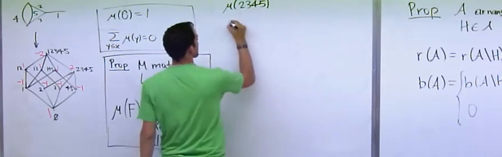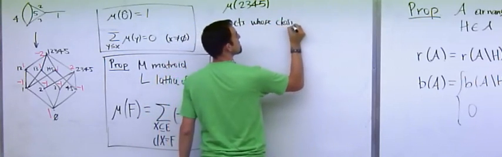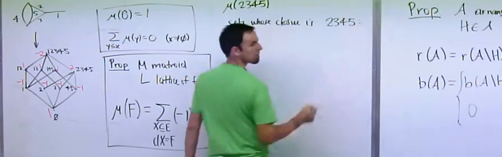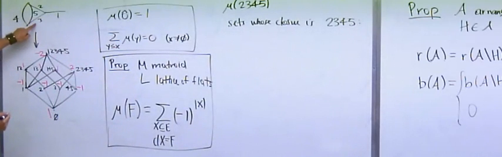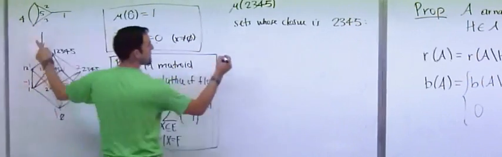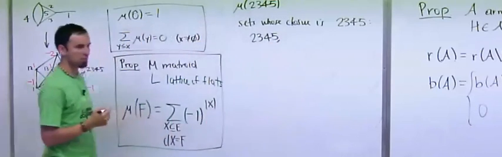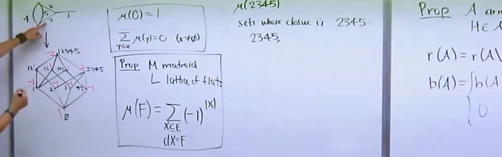Then you want to say, okay, what are the sets whose closure is 2, 3, 4, 5? Well, one of them is 2, 3, 4, 5, right? That's closed, so its closure is itself. But what else? 2, 3, 4.